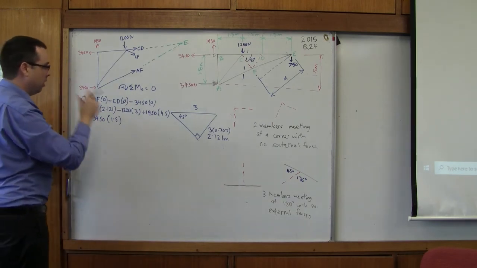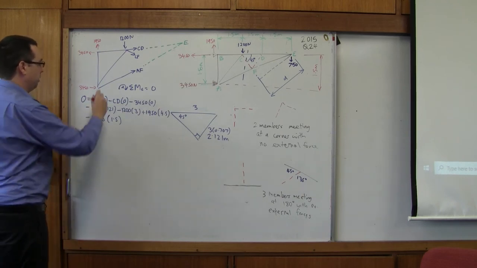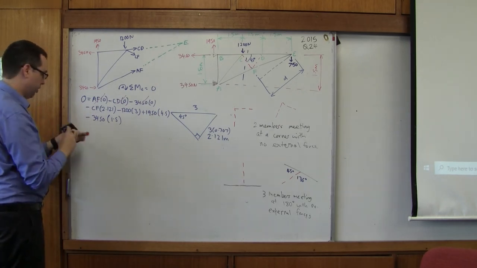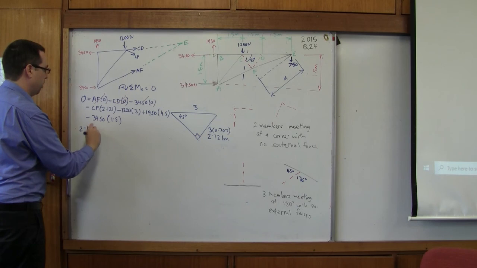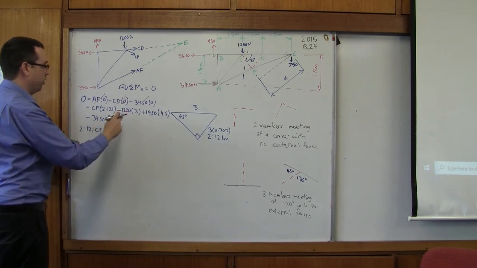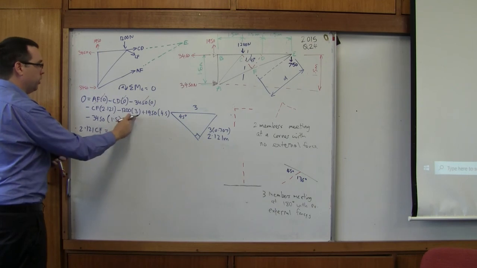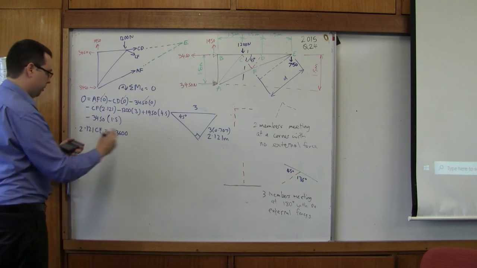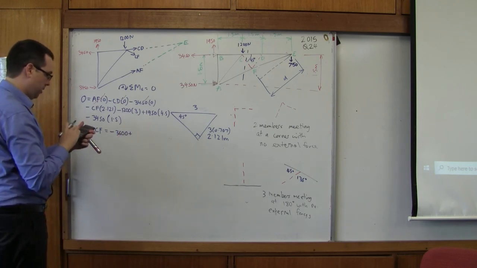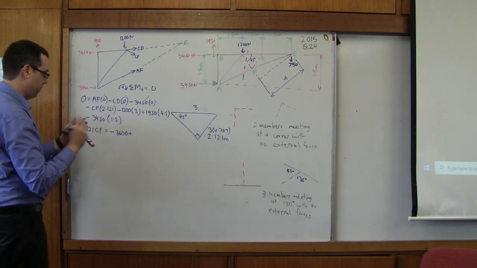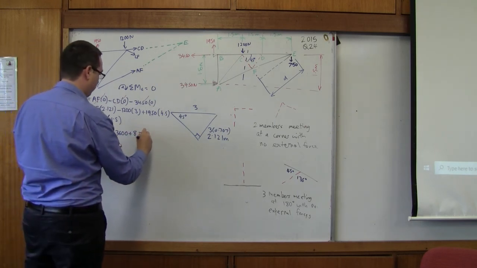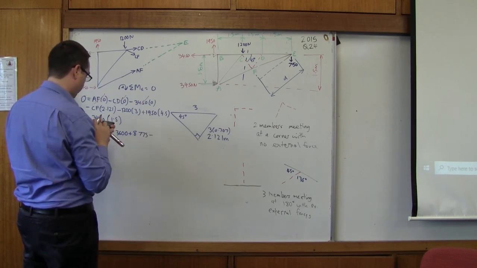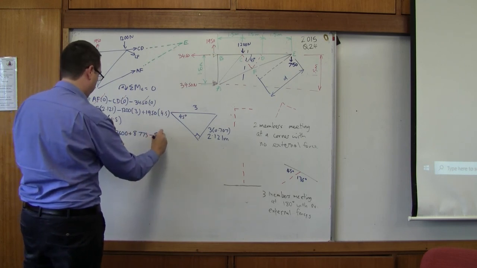So I'm going to bring this minus over to the other side of the equation. I'm going to say 2.121 CF equals minus 1200 times 3, so minus 3600, plus 1950 times 4.5, which is 8775, minus 3450 times 1.5, which equals 5175.